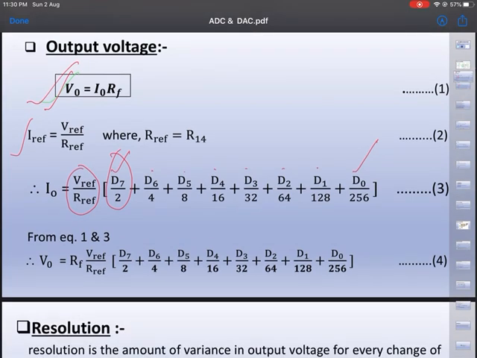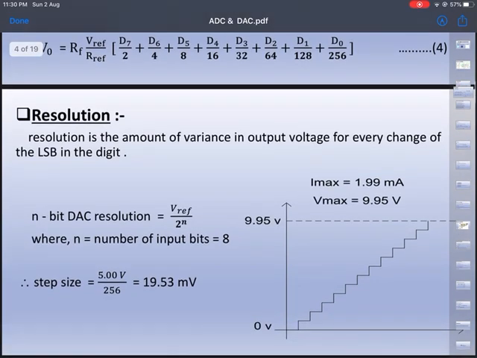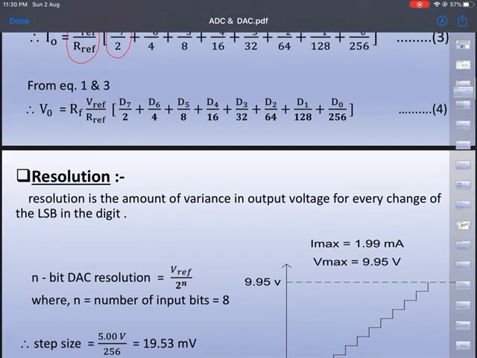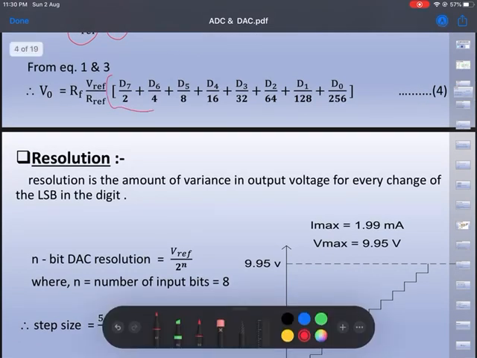Now for the further calculation, you can see corresponding output will be nothing but RF, the feedback resistance, times the current. So it is a very obvious formula, and we can see here the maximum current you can get is 1.99 milliamperes, because even if we have all ones, it comes out to 255 upon 256.